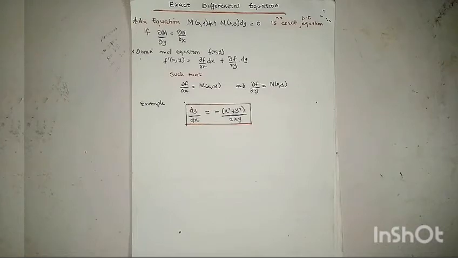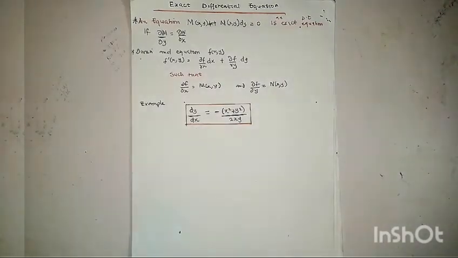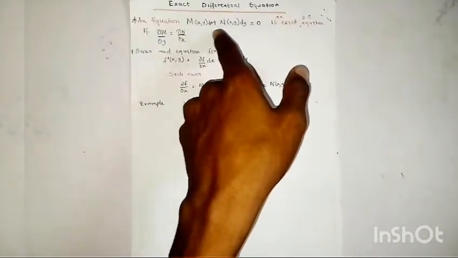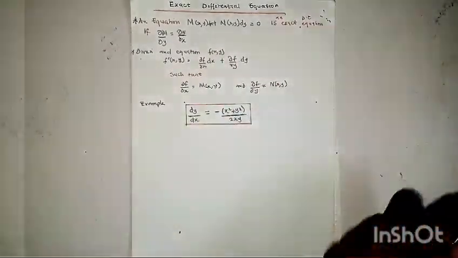Then to solve this, when you are asked to solve an exact differential equation, the equation will be expressed in this form: M(x,y) dx plus N(x,y) dy equals 0.